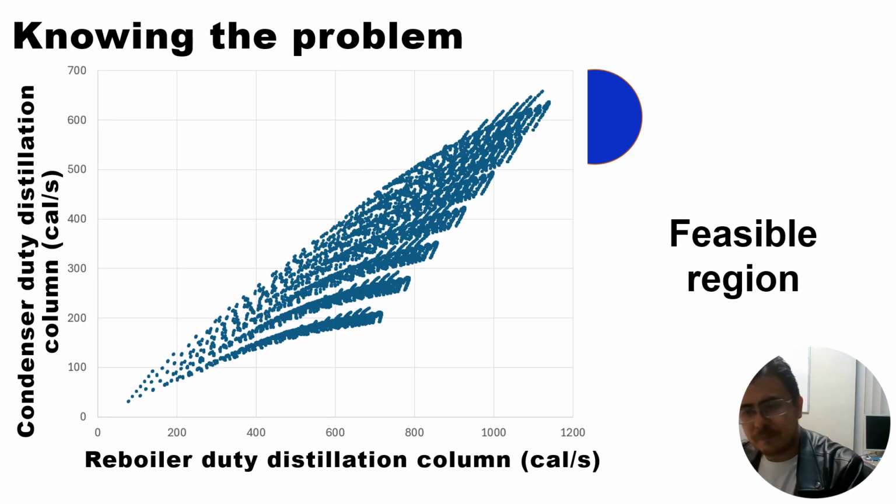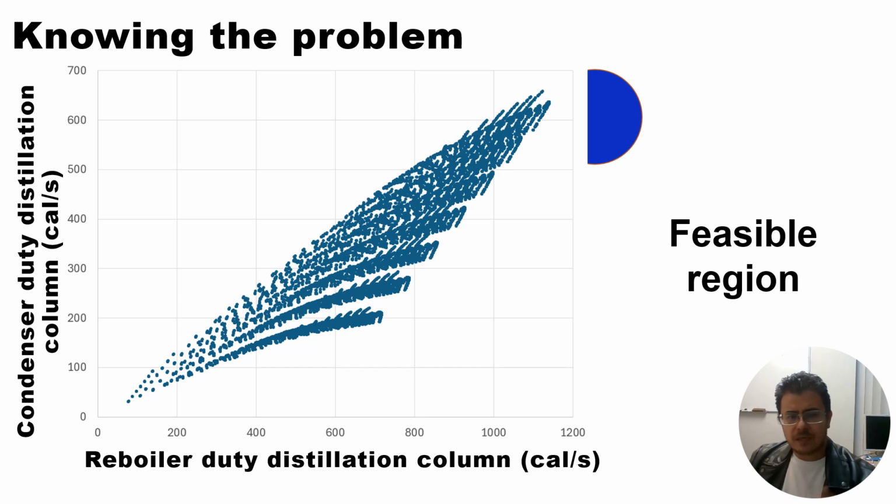When we solve all the equations of the system through a process simulator, we can obtain a very defined region. The region is known as the feasible region, and is obtained when we relate at least two variables.